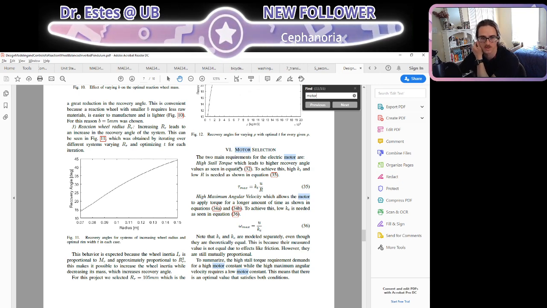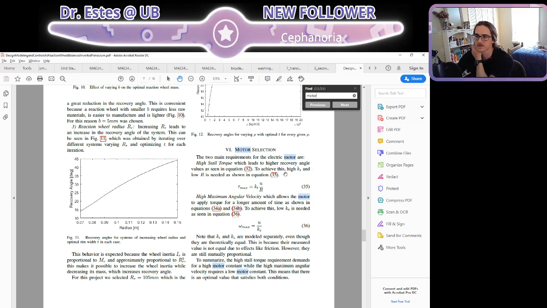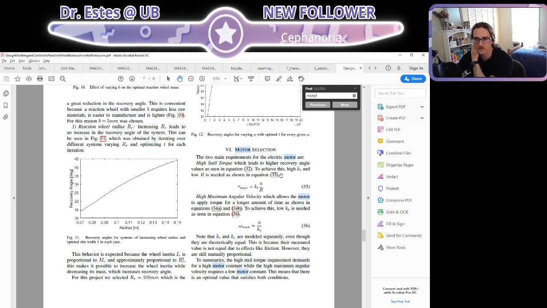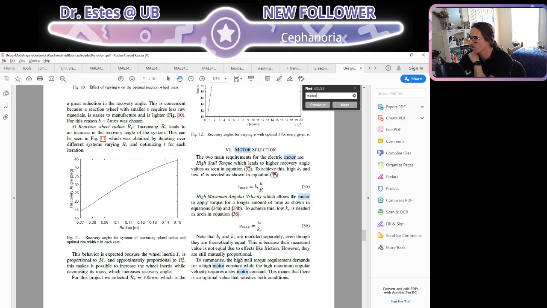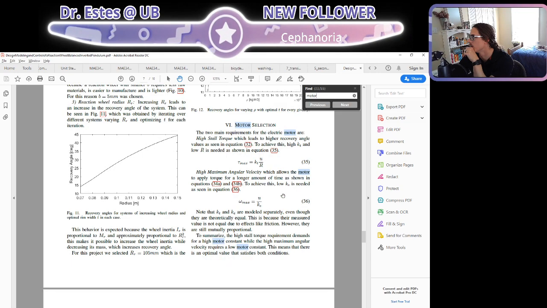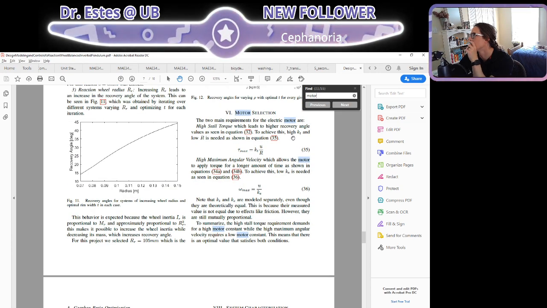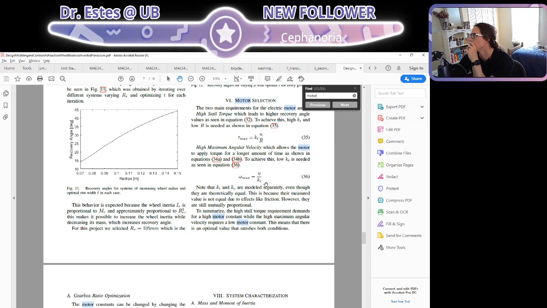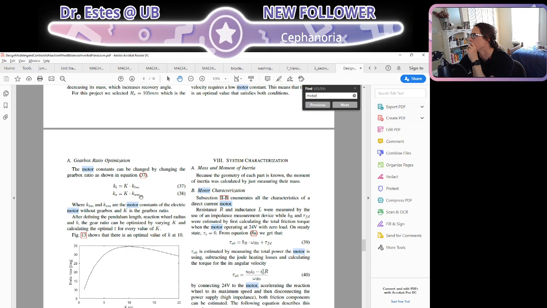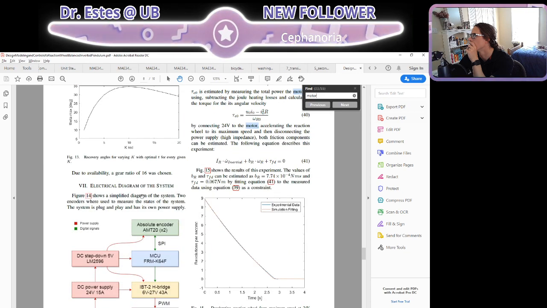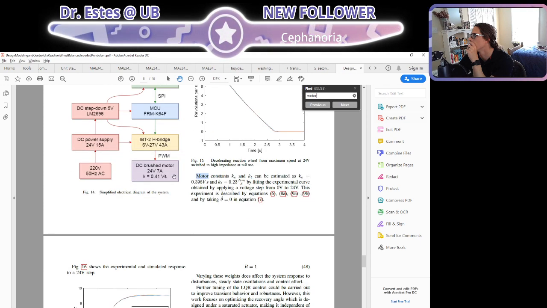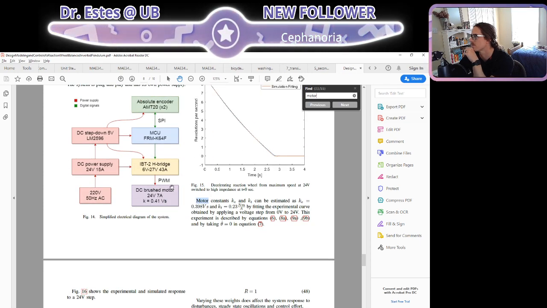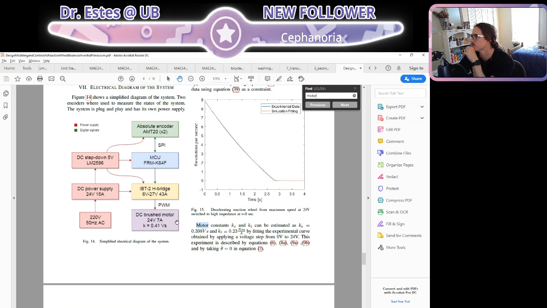Because, Chris, they chose their motor after doing some analysis, because you have to know how much torque the motor has to produce and all that. 24 volt, 7 amp, brushed.